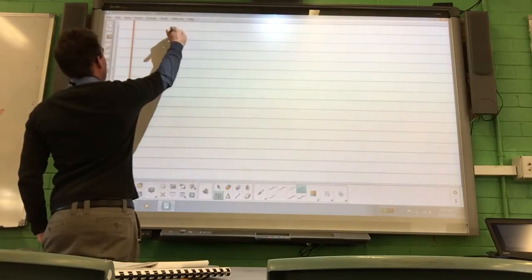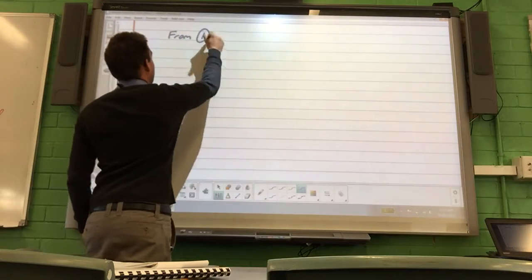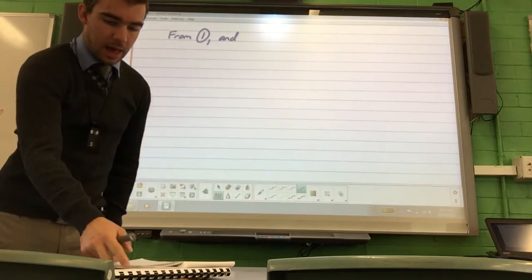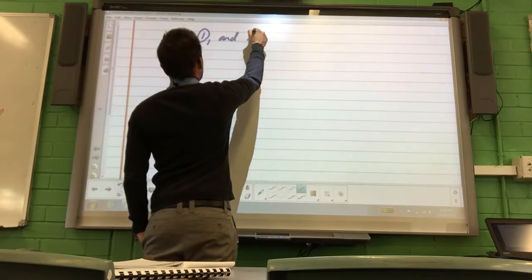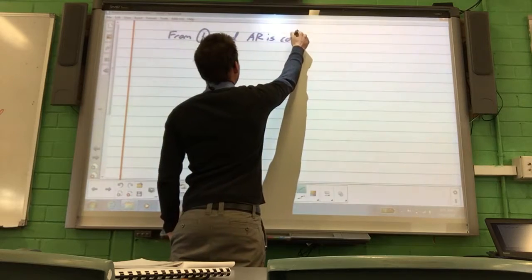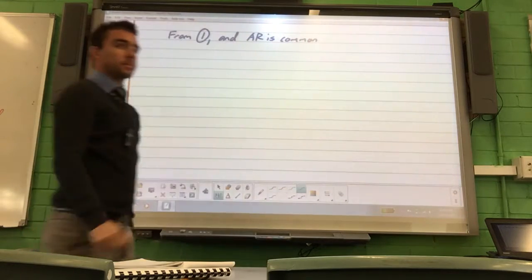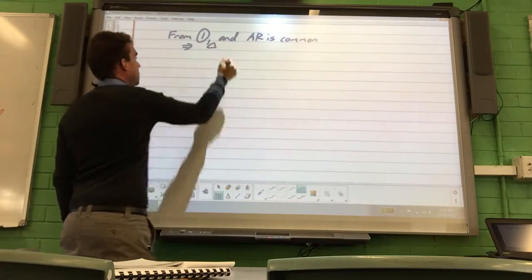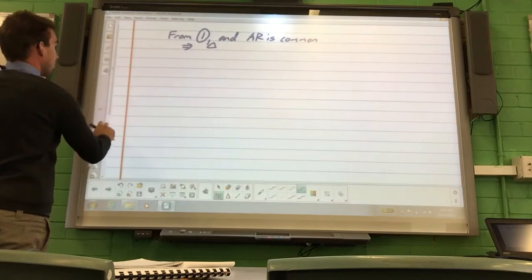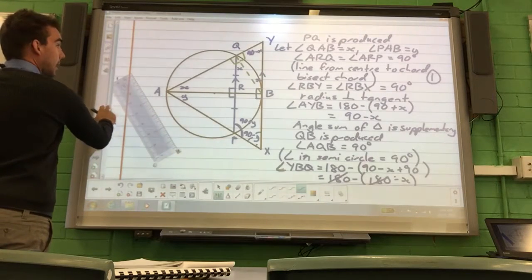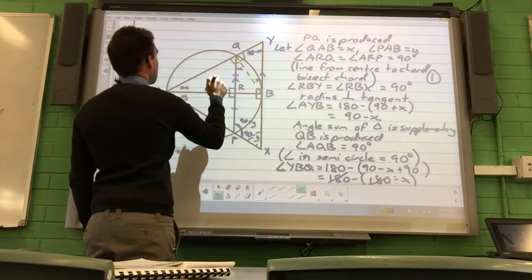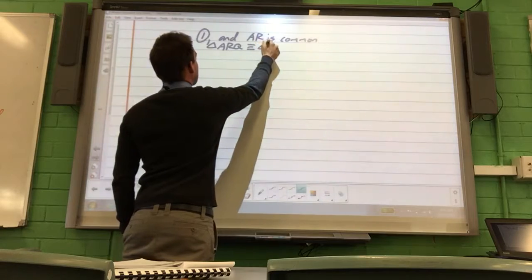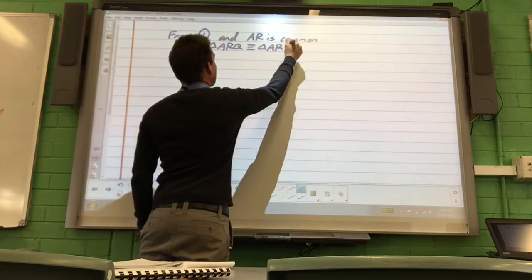Right, so from 1 and the fact that AR is common, that will imply that triangle ARQ is congruent to triangle ARP.